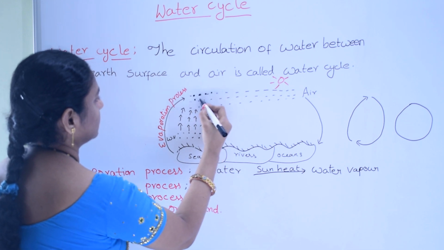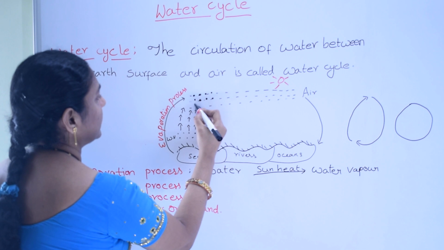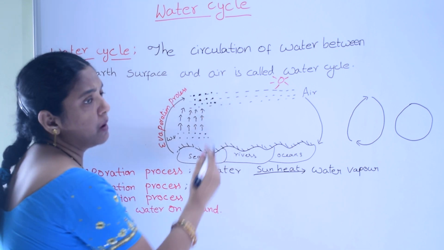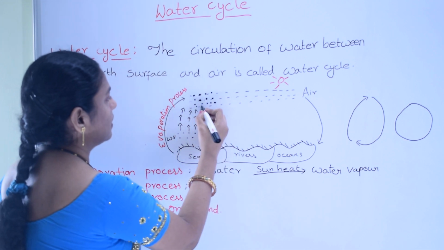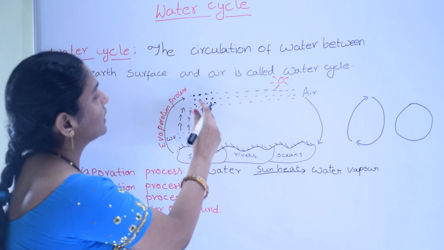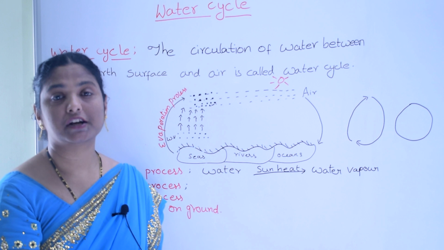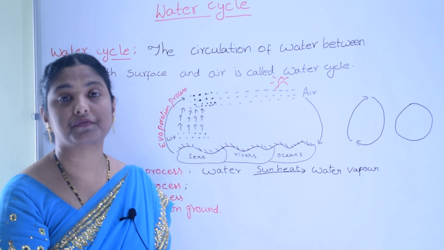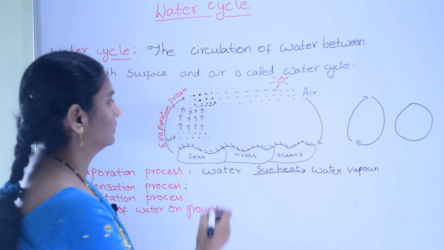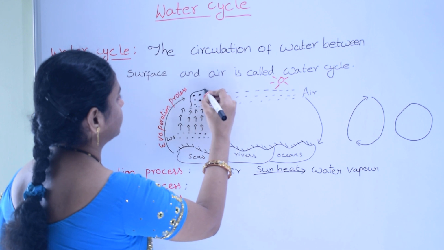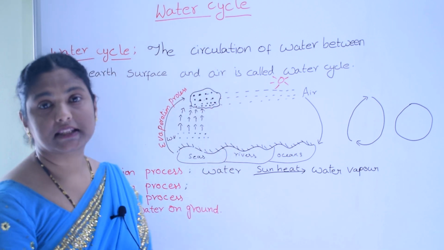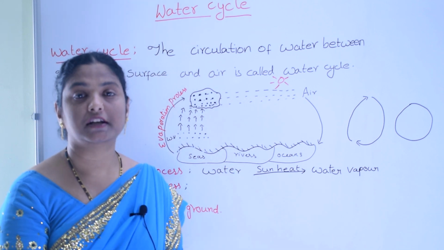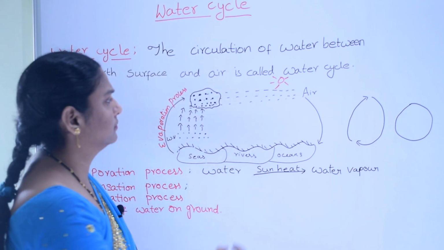Like this. Tiny means very small droplets of water. The floating of these small droplets of water appear in the form of cloud. Like this, many clouds at different places will be formed.